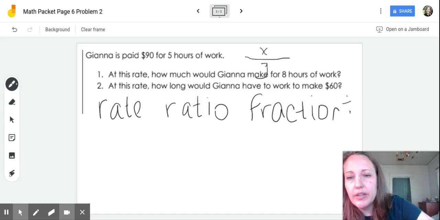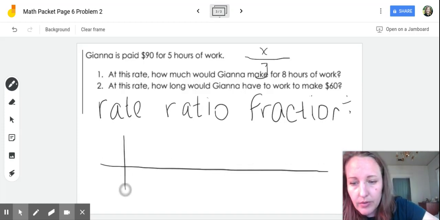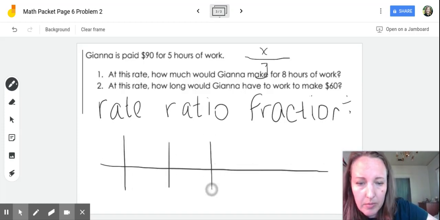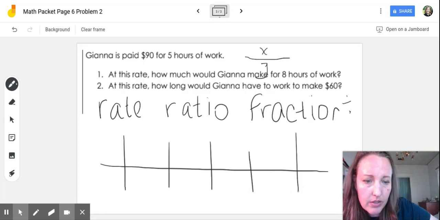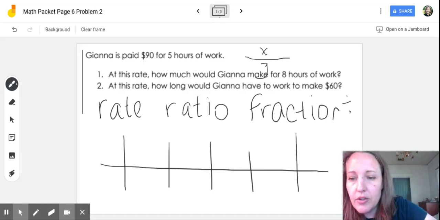All right, so we're going to take this and we're going to build a ratio table. Now, a ratio table is nothing more than just a way to organize our information, okay? I am organizing the two things that are in my problem, money and hours.